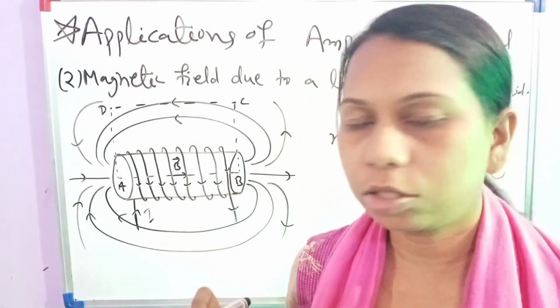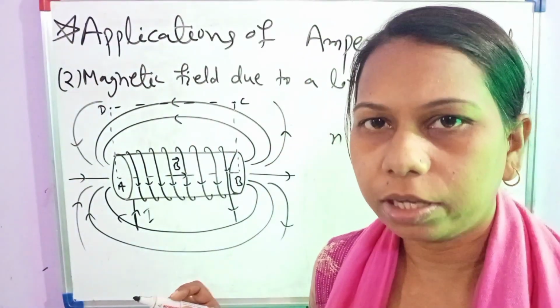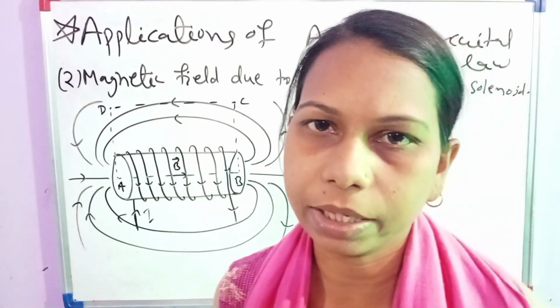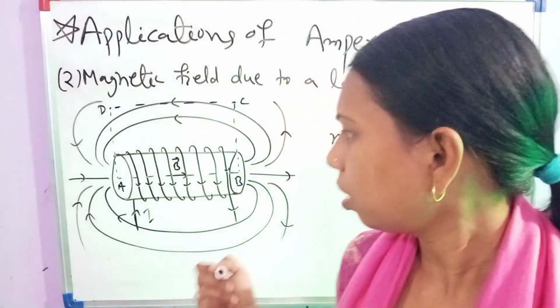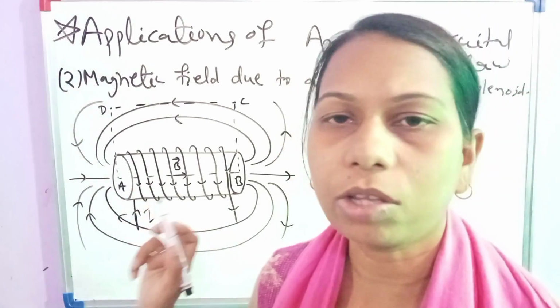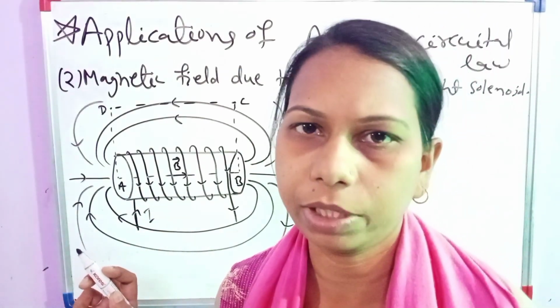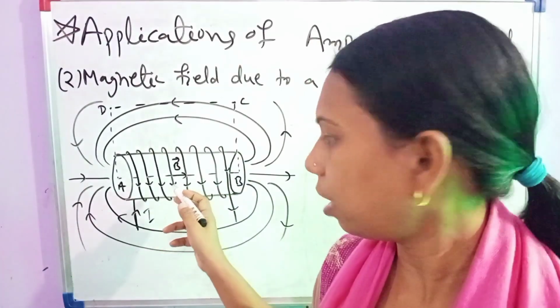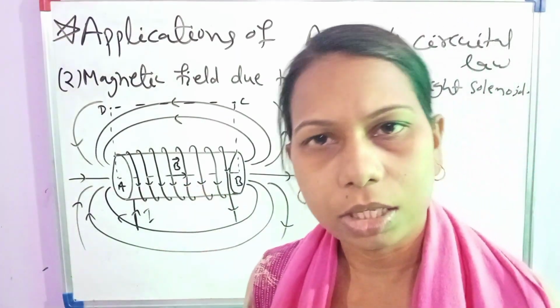And you also know that the magnetic field due to a solenoid is similar to the magnetic field due to a magnetic dipole. Inside the solenoid, the magnetic field is uniform and parallel to its length. Let B be the magnetic field inside the solenoid.